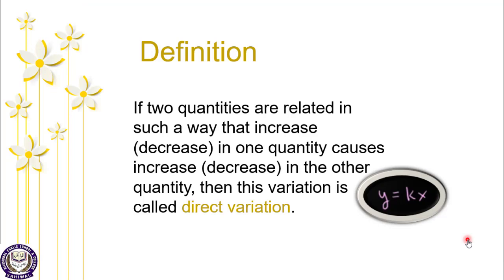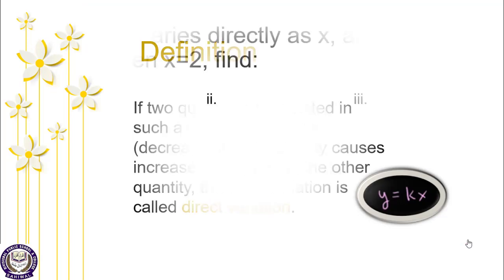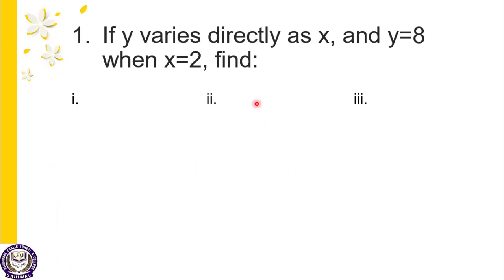Now, let's solve the problems related to direct variation. We have a question: if y varies directly as x and y is equal to 8 when x is equal to 2, find. It means y and x have a direct relation, or they are in direct proportion, or we can say that y is directly proportional to x.